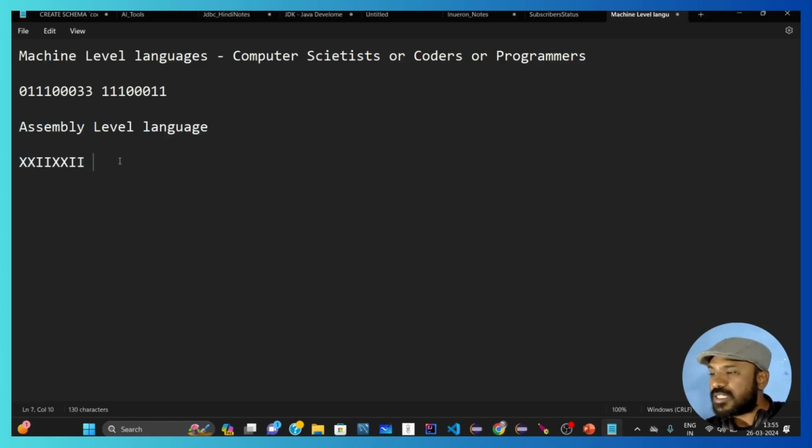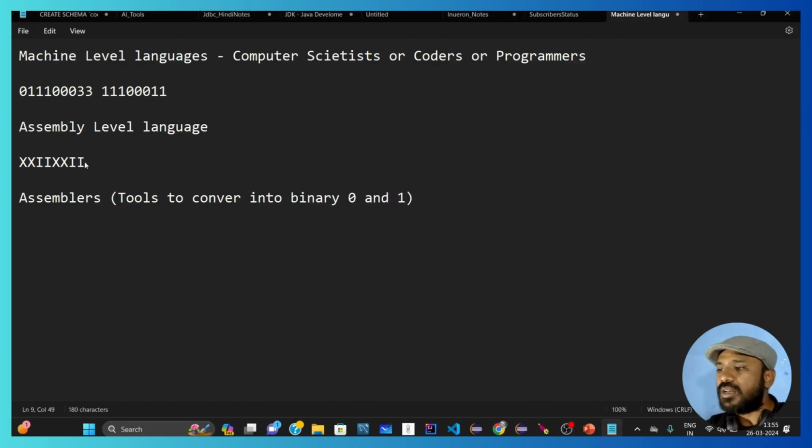For these assembly level languages, they use assemblers, which are tools used to convert the code into binary code.